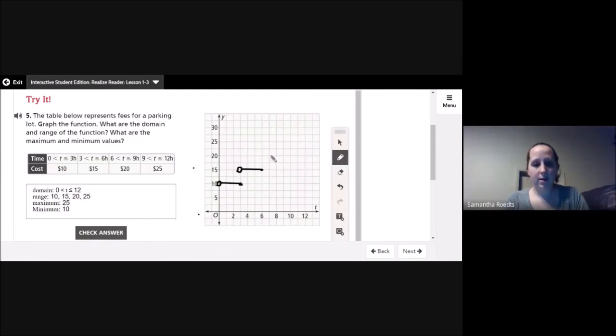Then from 6 to 9, the cost is 20. And then from 9 to 12, my cost is 25.